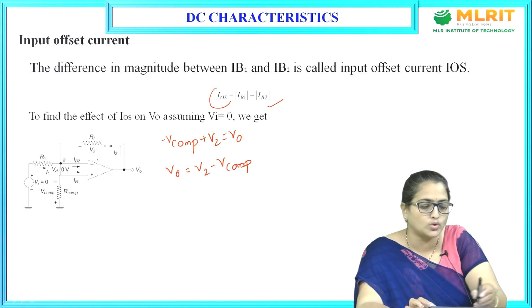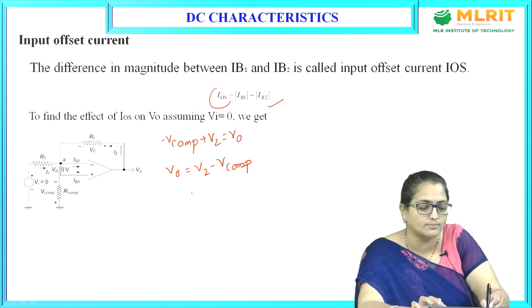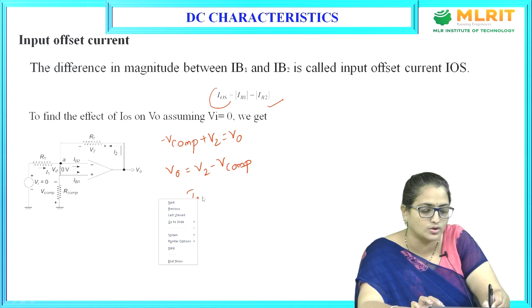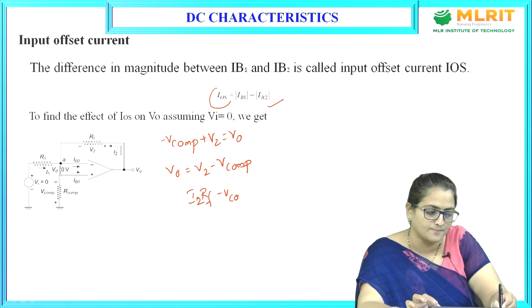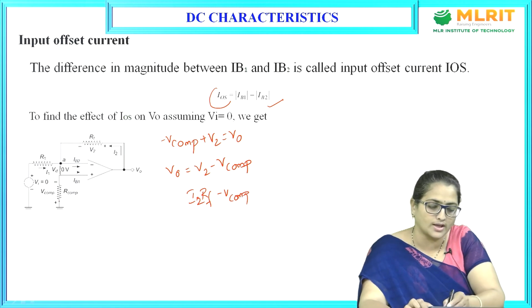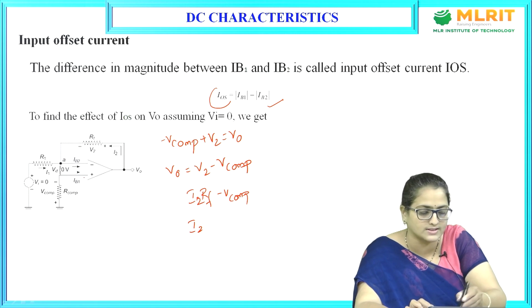But V2 can be given as the current flowing through this arm, which is I2. V2 can be given as I2 into RF, minus V compensator, and V compensator also can be given from the arm here, the current which is flowing here is IB1.